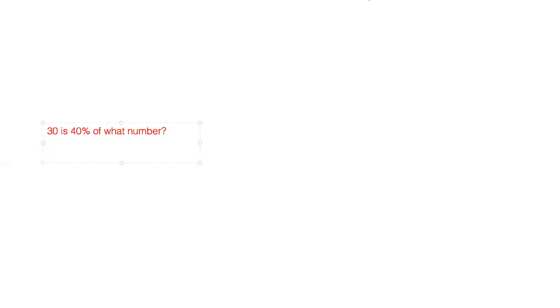So "is" means equals. "Of" means multiply. "Number" refers to the variable, what we're trying to find. So 30 is 40%, which we're going to represent in the decimal form, of what number?